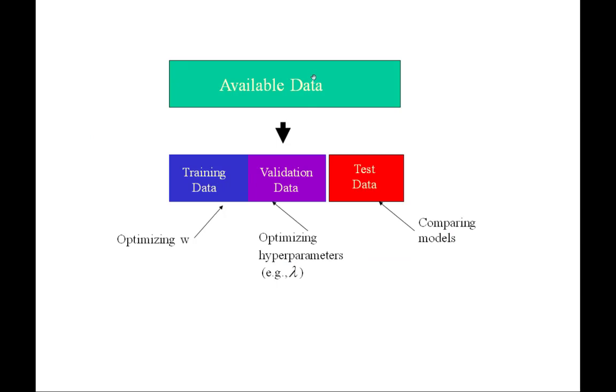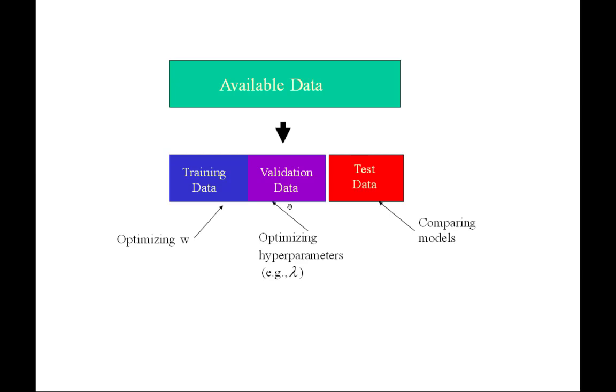We take our training data, and in one of the folds we were considering, we had some test data, maybe 1/5, and then the rest was training data. And training data again is split up into a larger set, which is used to optimize the W, and a smaller set on which we optimize the hyperparameter lambda.